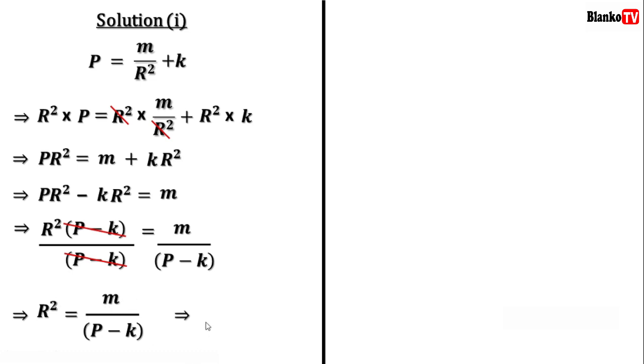So now r is going to be the square root of m over P minus k. I hope you are following it. So to make r the subject of the relation P equals m over r squared plus k, r is equal to the square root of m over P minus k. Okay, so that is solution one.